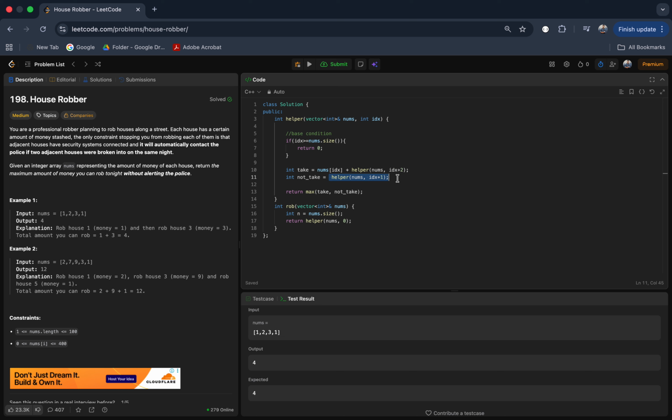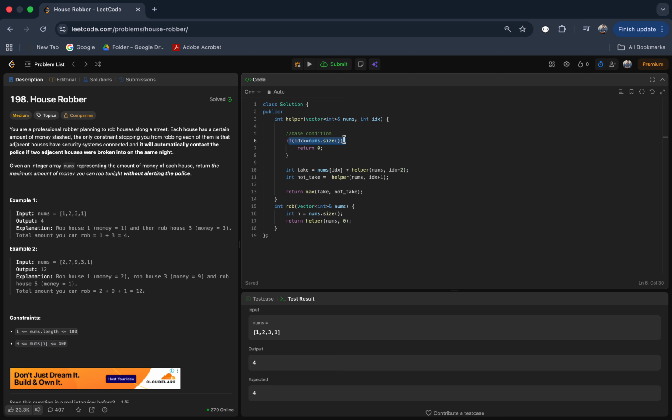Each function is generating two other functions, so it will be 2 into 2 into 2 into 2, n times, because we are going up to n size.